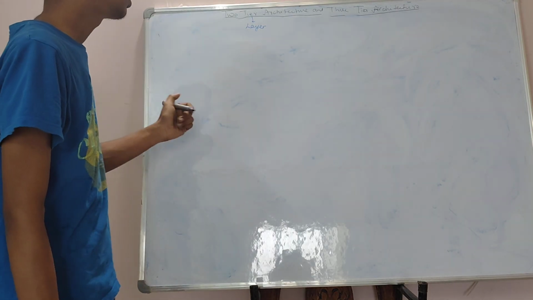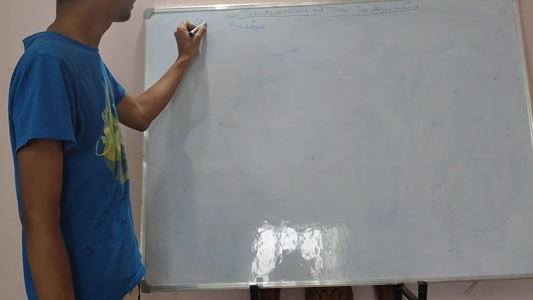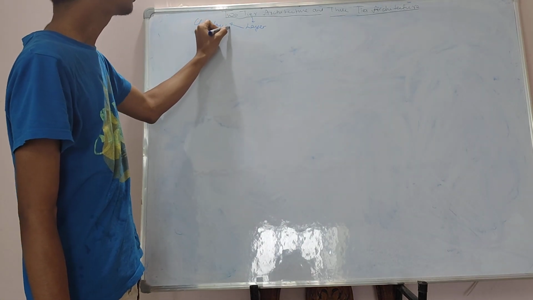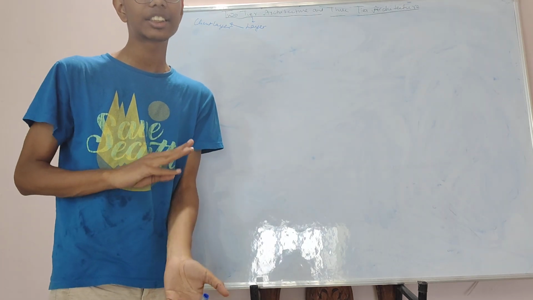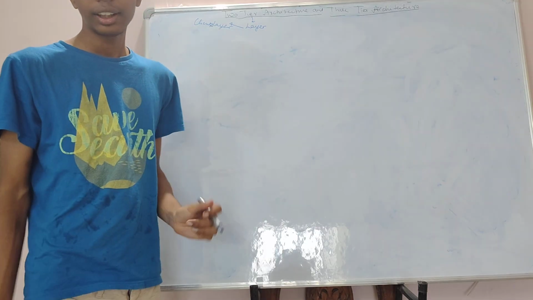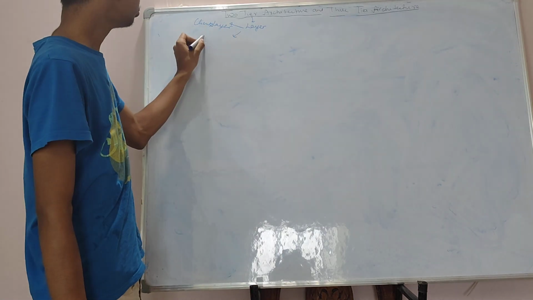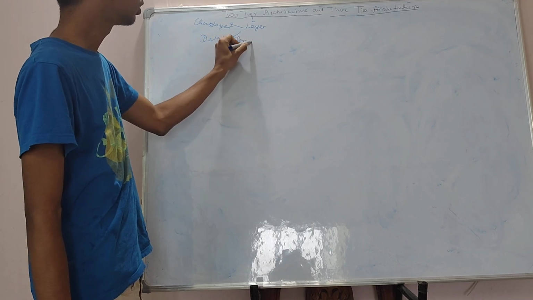So those two layers are, first, the client layer, where machines are accessible to clients and users come to the client. And the second is the database server. Right.